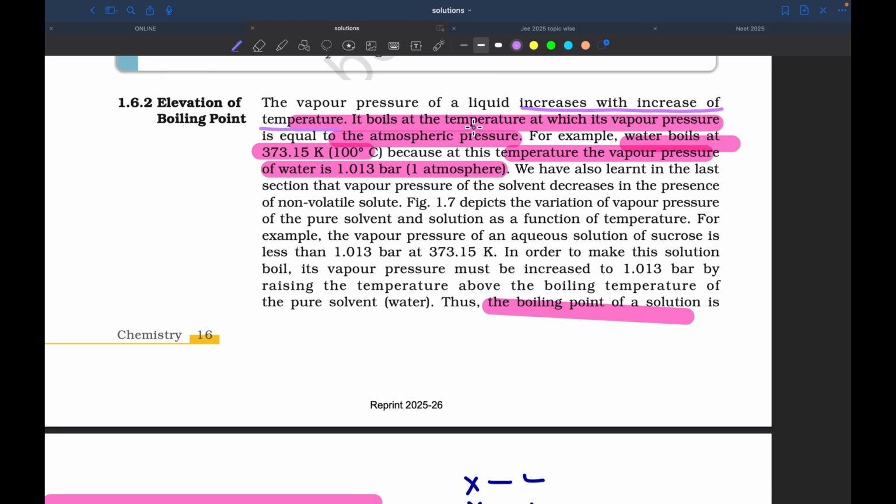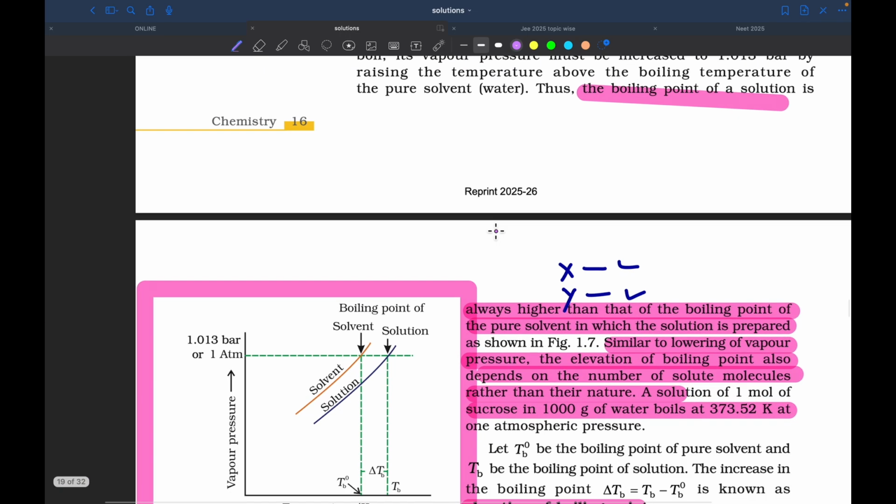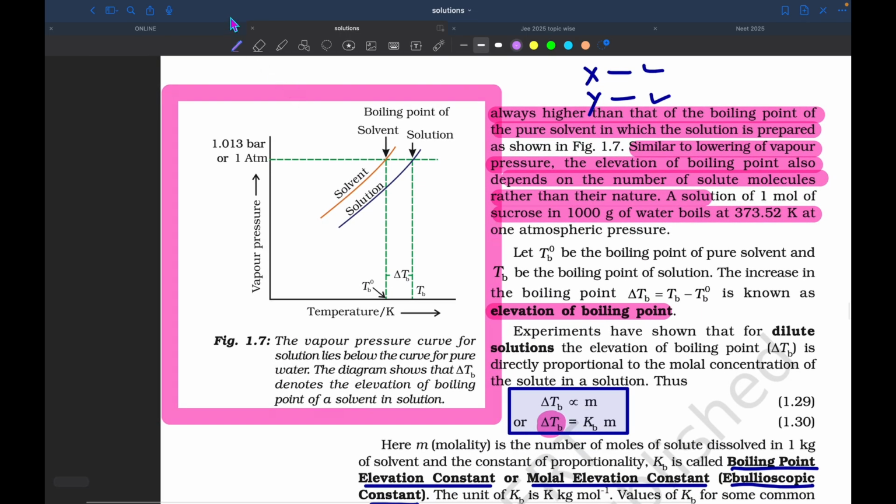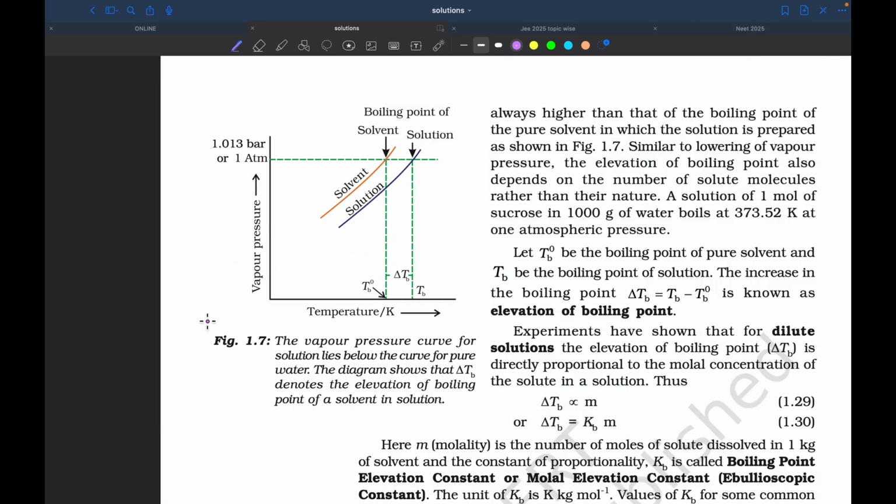It boils at the temperature at which vapor pressure is equal to atmospheric pressure. For example, water boils. You can read the whole story later. We will talk about this graph.